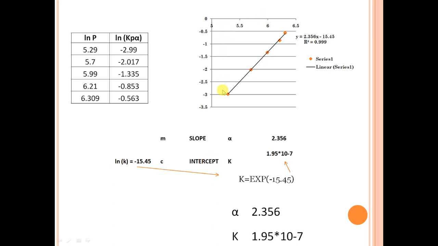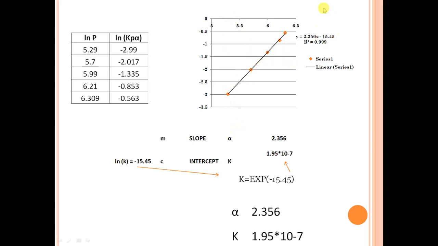This is supposed to be my intercept. This is ln x, where this whole thing I have taken as x. So the intercept value is minus 15.45: ln k is equal to this value. My intercept is considered to be ln k, and my slope is considered to be alpha.